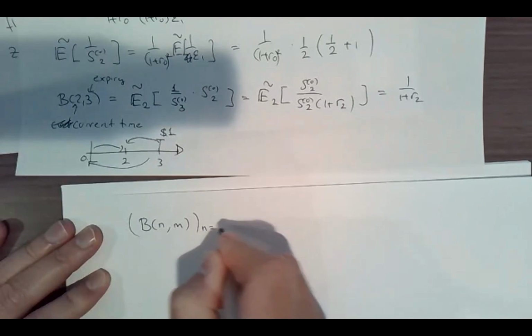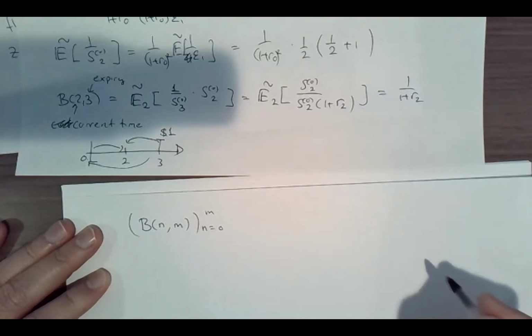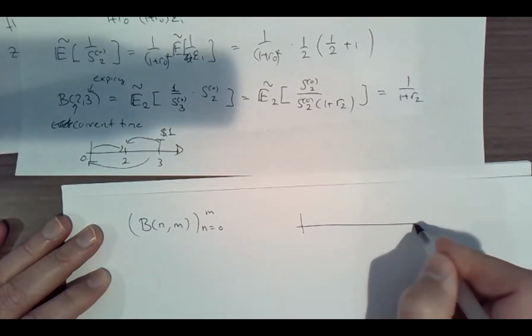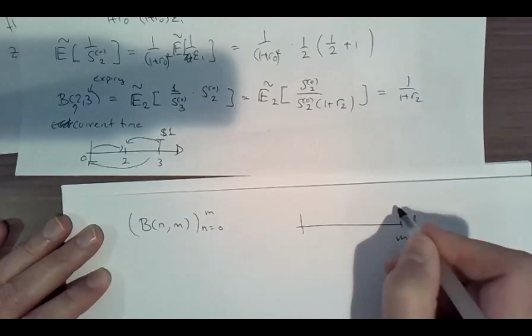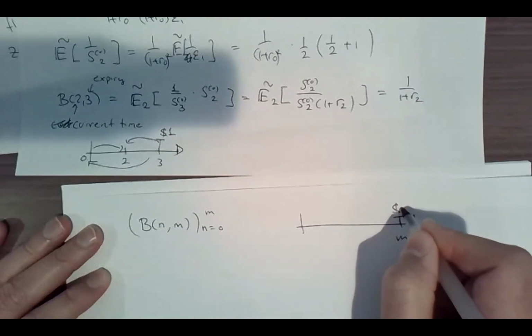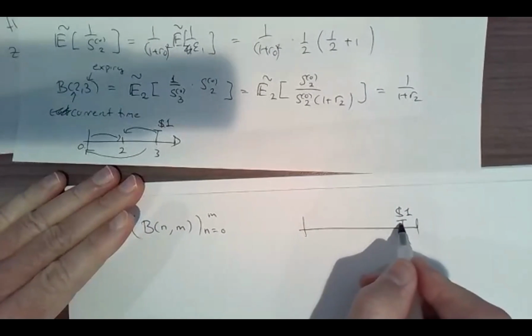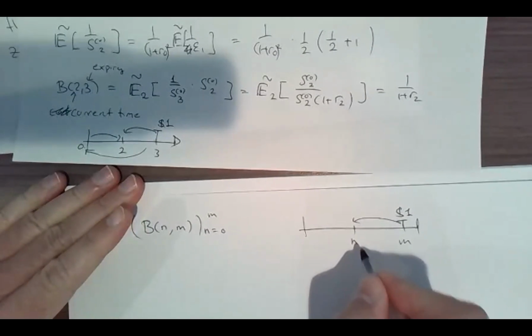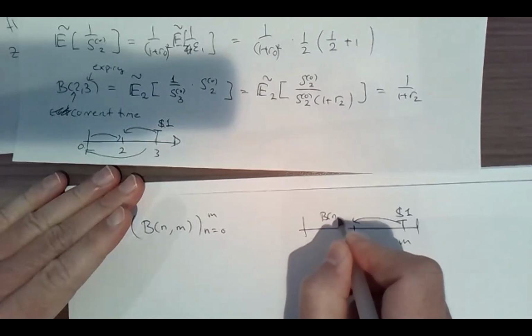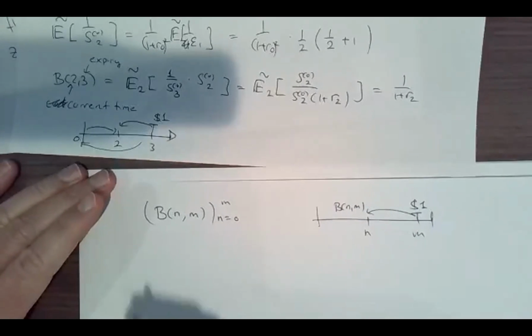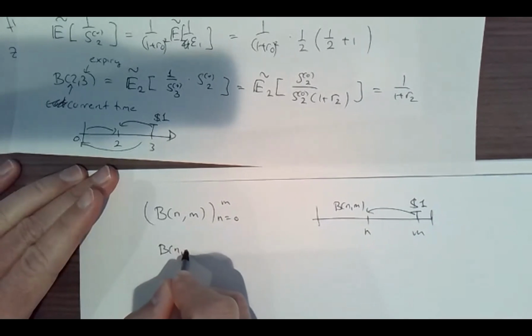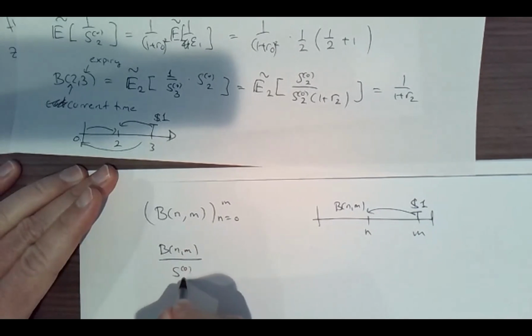This is a stochastic process that runs from 0 to M. So you're sitting here at expiry, you'll get your $1. And the value of that $1 at an earlier time would be BNM. And you would have that BNM divided by S0N.